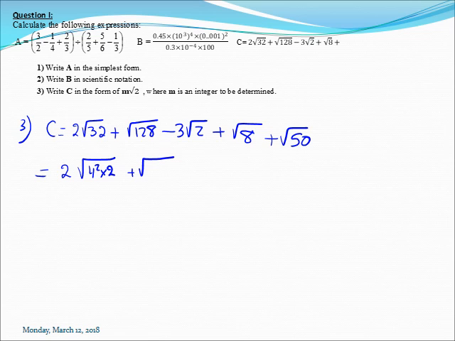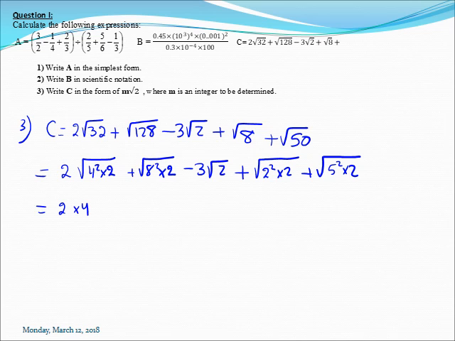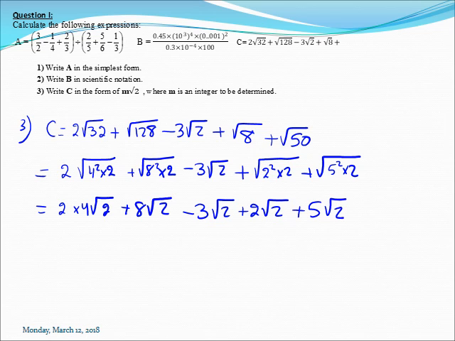128 is 64 times 2, which is 8 squared times 2, minus 3 radical 2. Radical 8 is 2 squared times 2, plus radical 50, 5 squared times 2. It equals 4 radical 2, 8 radical 2, 3 radical 2, 2 radical 2, 5 radical 2.